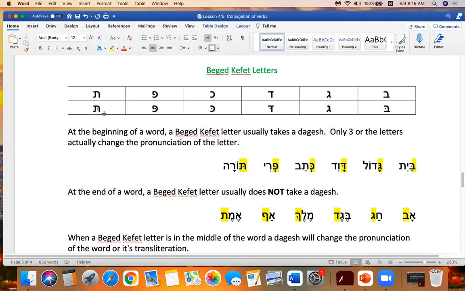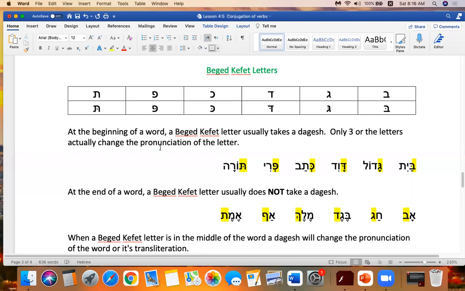We've discussed this many times, how it used to be without the dagesh, it was more of a th, and if it ends a word, it usually does not have a dagesh, and it is more of a softer T. You don't hear it as well. But most of the dagesh sounds are at the beginning or in the middle. At the beginning of a word, a Beged Kefet letter usually takes a dagesh.